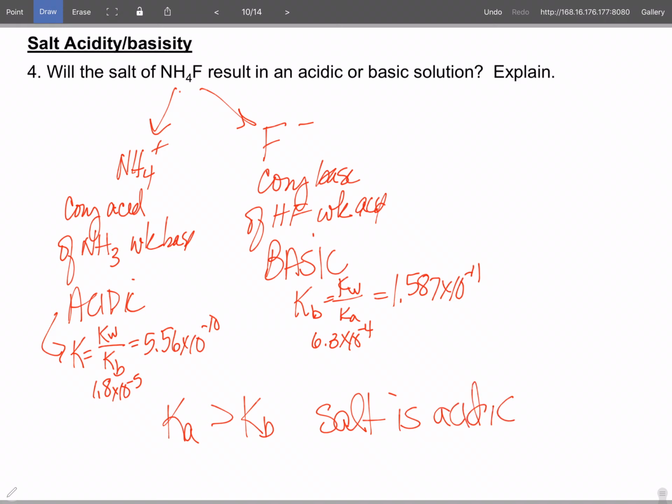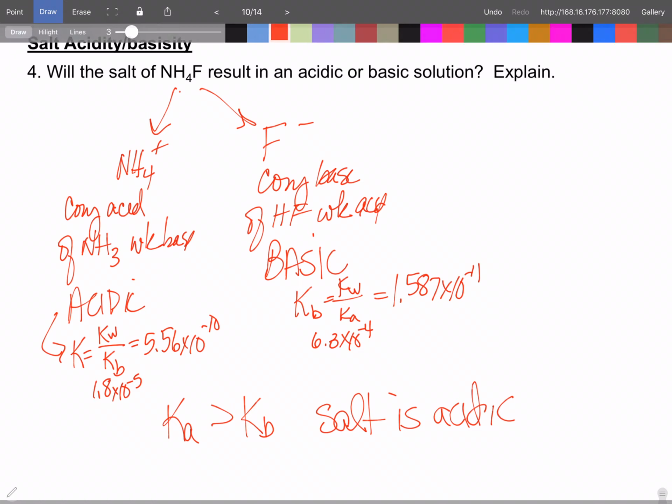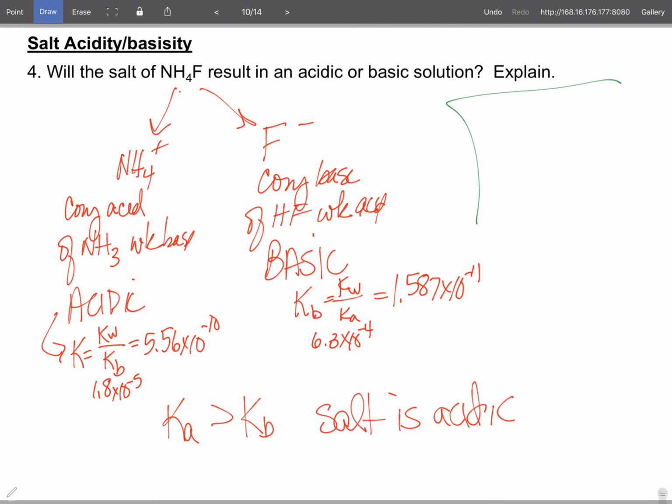So the bottom line is if you have one that's neutral, then you know what it is and you don't have to do any math. But if you have both, then you have to compare. Now, one other little side note, and I'm going to change colors here. If we have something like sodium chloride, this is the conjugate acid of a strong base, sodium hydroxide, which is strong, so it's neutral.